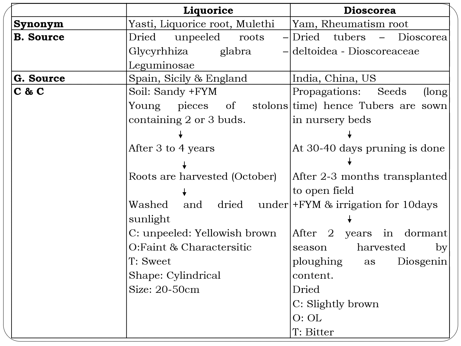Licorice and Dioscorea. Licorice is commonly called Yashtimadhu, licorice root and mulethi, whereas Dioscorea is commonly called yam and rheumatism root.